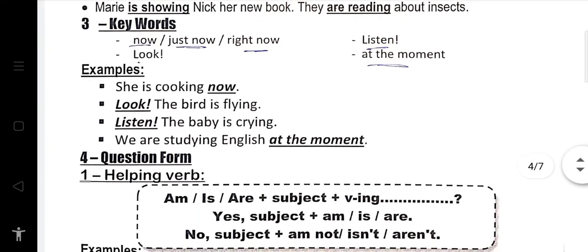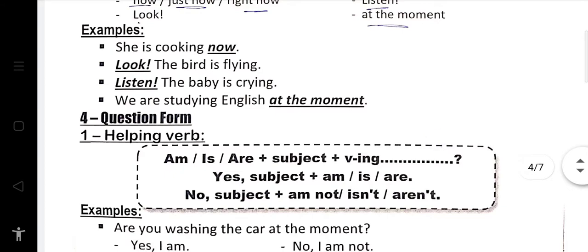What about the question form? We have two kinds of question. The first one is the yes or no question, and the other one is the WH question. If we wanted to ask a question for an answer which begins with yes or no, we have to begin with the helping verb am, is, or are, plus subject plus verb plus ing.